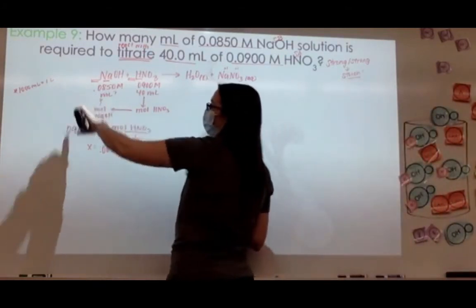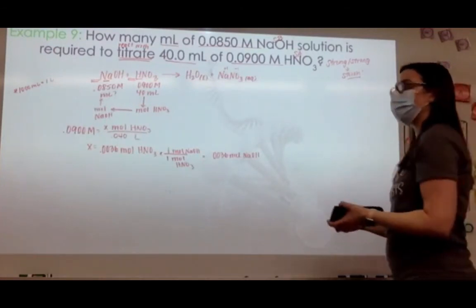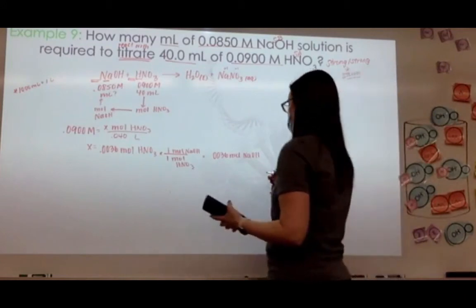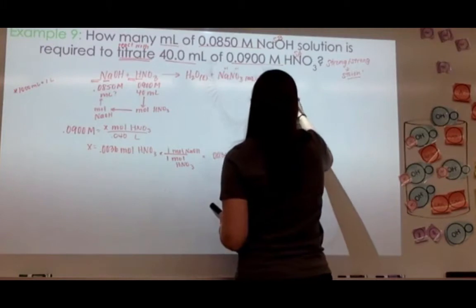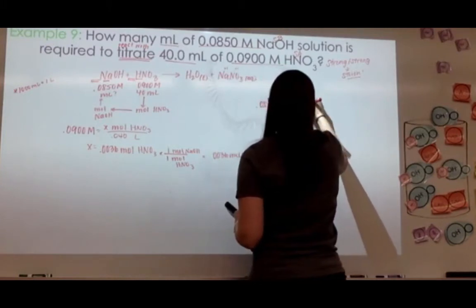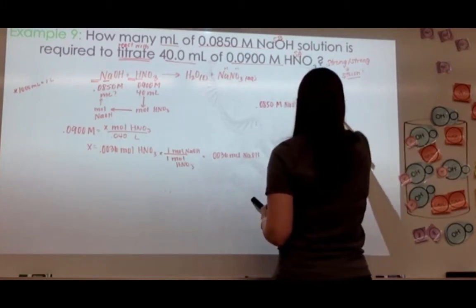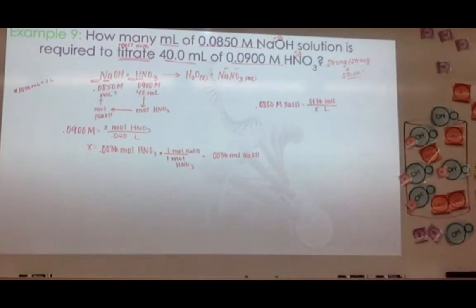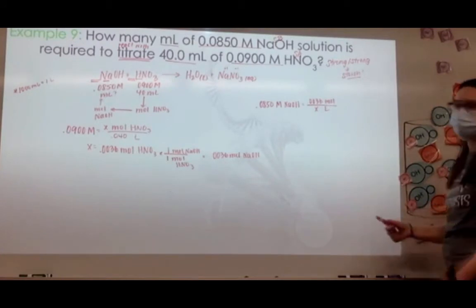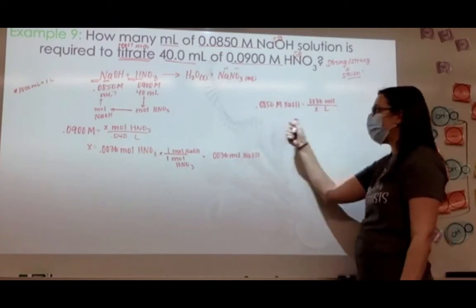And then we want to go to milliliters. So now we have molarity of NaOH, and we need to get back to volume. So I have 0.0850 molar NaOH. It's 0.0036 moles. Remember that this is over X liters, not milliliters, but liters. When you solve, multiply by X, divide by 0.085.